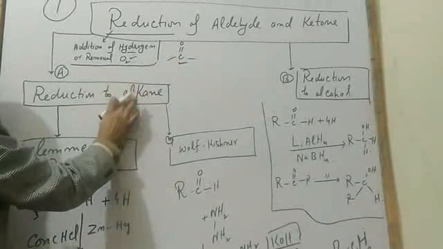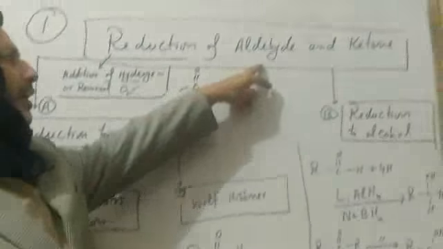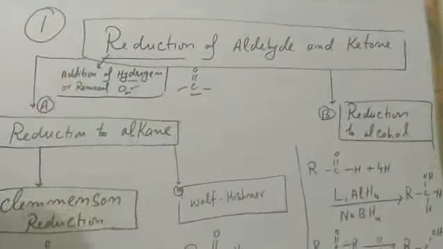Keep in mind, in organic chemistry, the most interesting point is that it is the property of one compound like aldehyde or ketone, and it is the method of preparation of the other compound. So here reduction is the property of aldehyde and ketone, but here you see it is the method of preparation of alkane. So you can prepare alkane by the reduction of aldehyde and ketone.